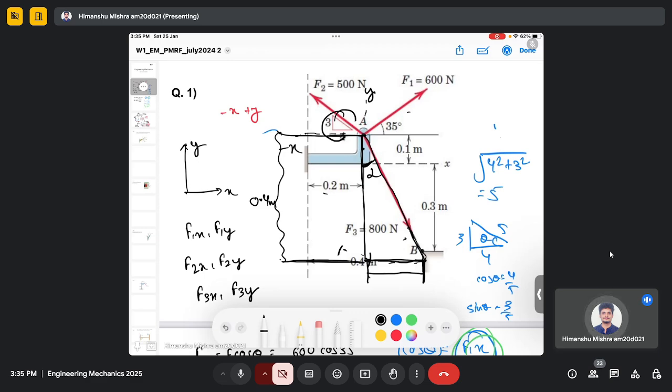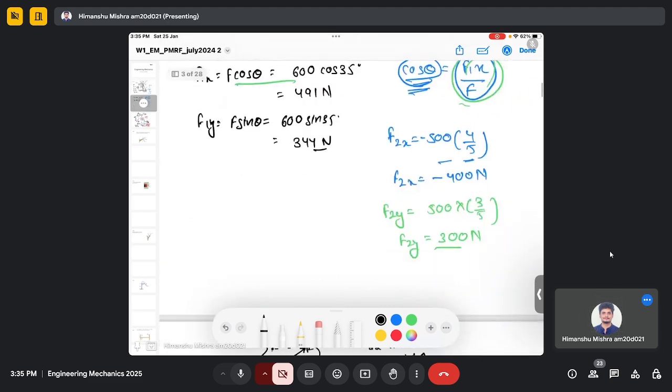So you can see this is 0.2 meter, and this overall length is 0.4 meter. So this will be 0.2, and this length is 0.4 meter, right? So you can write tan alpha equals 0.2 by 0.4.